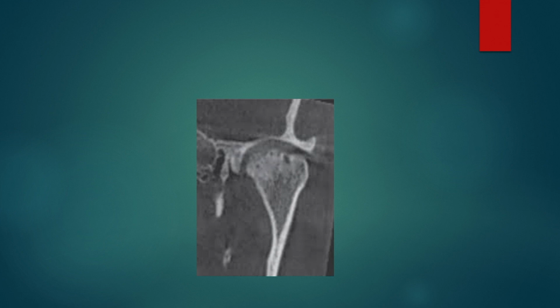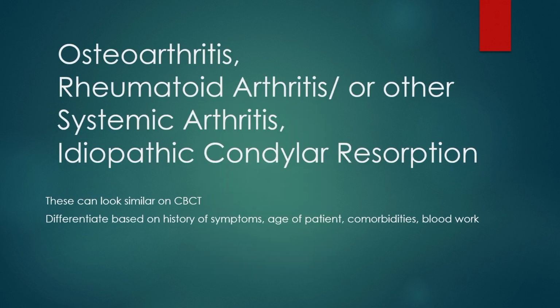Now, I do remember in one of the earlier lectures this morning, someone mentioning idiopathic condylar resorption. The thing is, idiopathic condylar resorption can look just like arthritis, whether it's osteoarthritis, rheumatoid arthritis, or ankylosing spondylitis.